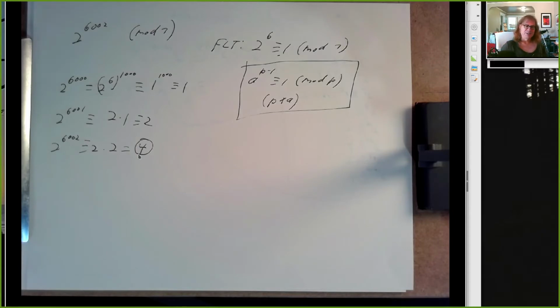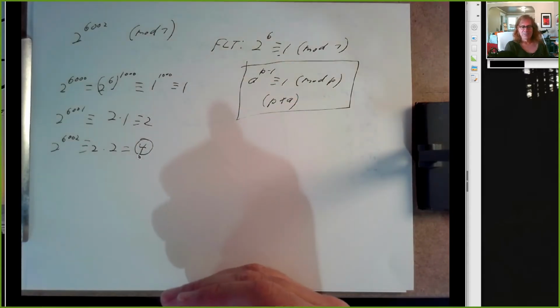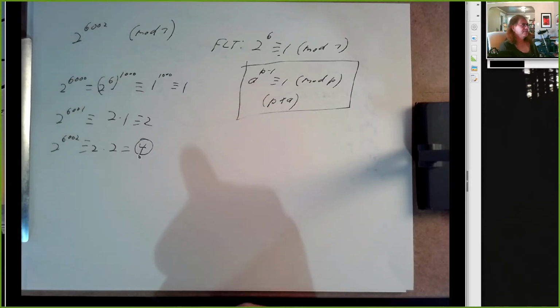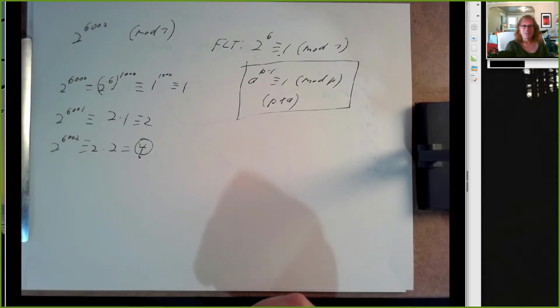My goal is to make sure that when I'm reading your test, I can follow your work and I know what you're trying to do. So anything that's going to help me do that, keeping in mind that hopefully I'm being somewhat reasonable about it, right? Anything you can do to help me find your answer and understand how you got there is going to help you if there's a question of partial credit.